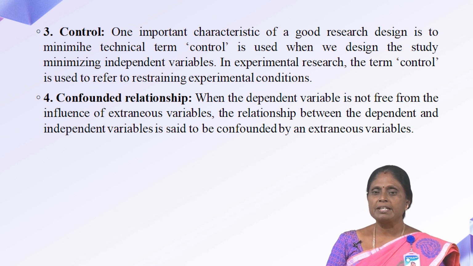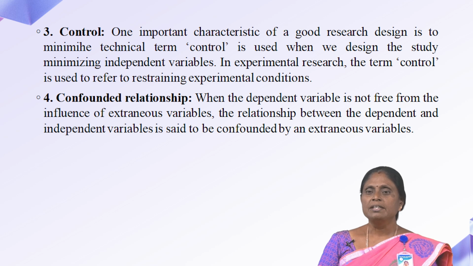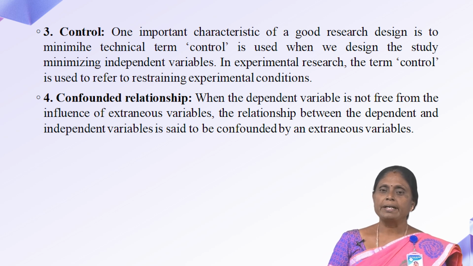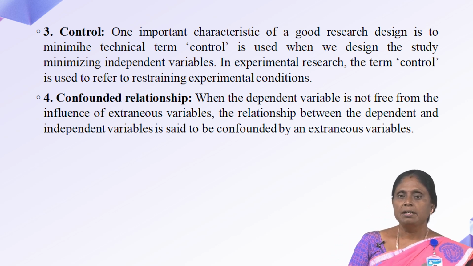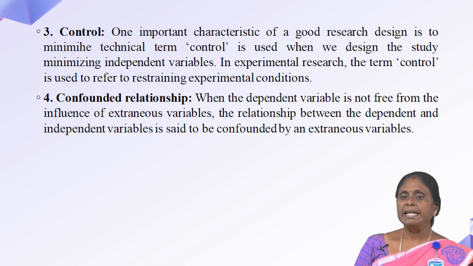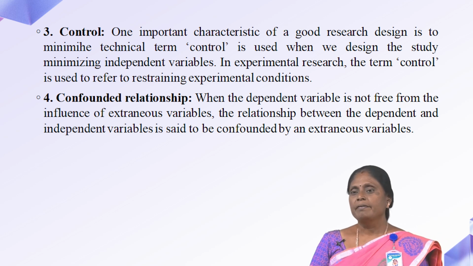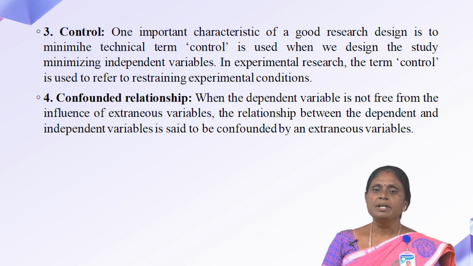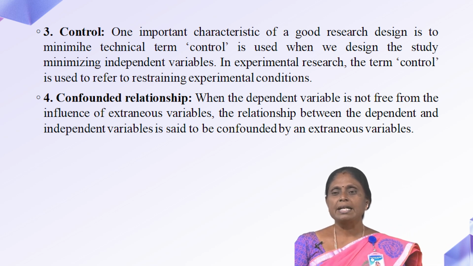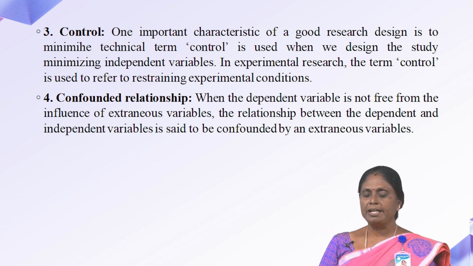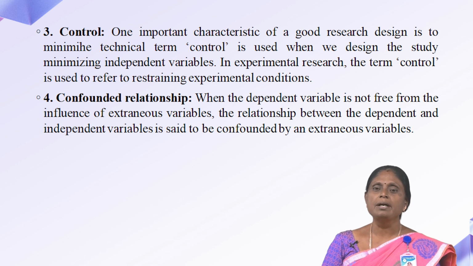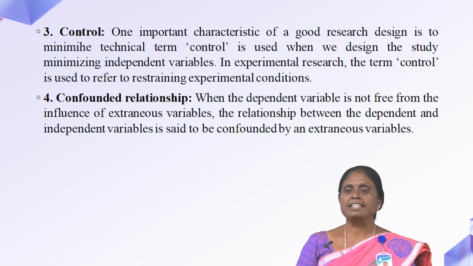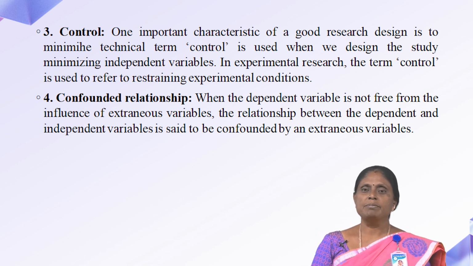In experimental research, the term control is used to refer to restraining experimental conditions. Next, the confounded relationship. It is when the independent variable is not free from the influence of extraneous variables, the relationship between the dependent and independent variables is said to be confounded by an extraneous variable or variables.